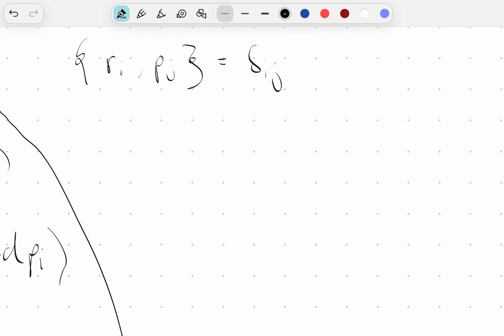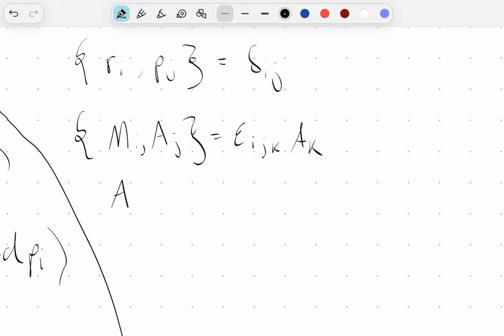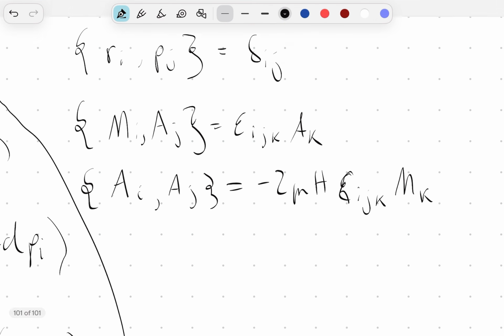Now, by taking these canonical Poisson brackets, the angular momentum brackets are already known. So the remaining non-zero brackets are M_i, A_j equals Levi-Civita epsilon_ijk A_k for the cyclical permutations, and also A_i, A_j equals 1/2 mu H times the Levi-Civita epsilon_ijk M_k.